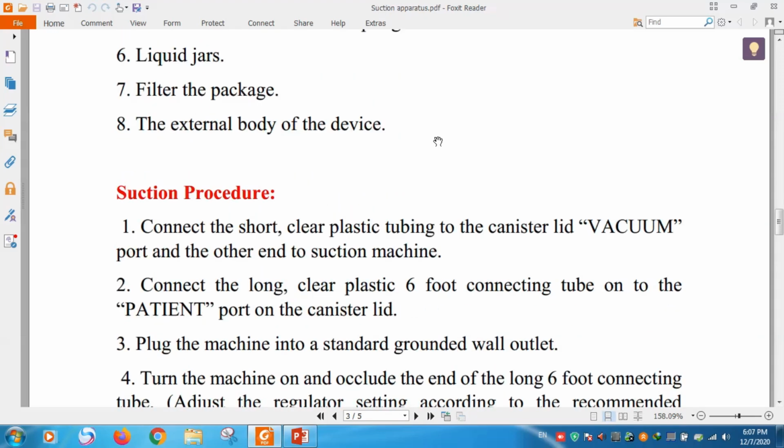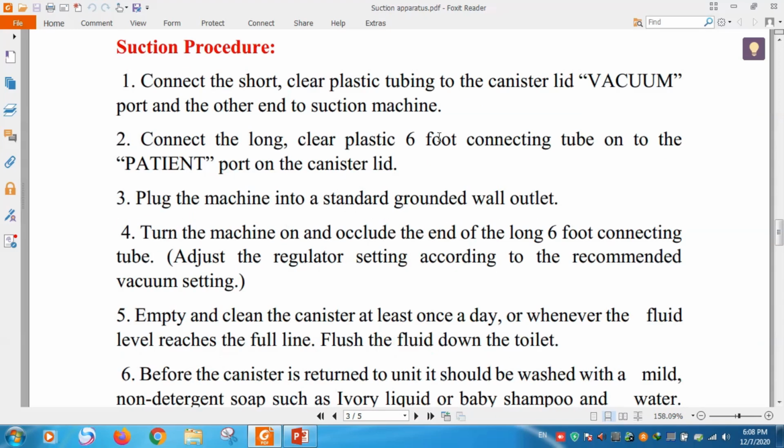Suction procedure: number one, connect the short clear plastic tubing to the canister's vacuum port and the other end to the suction machine. Number two, connect the long clear plastic 6-foot connecting tube to the patient port on the canister lid. Number three, plug the machine into a standard wall outlet.